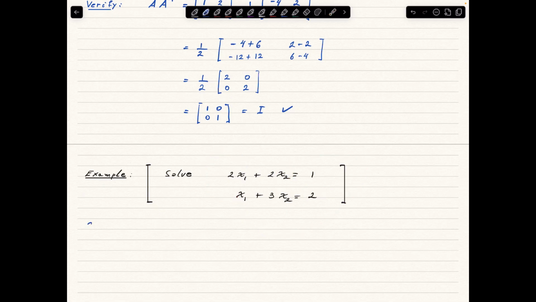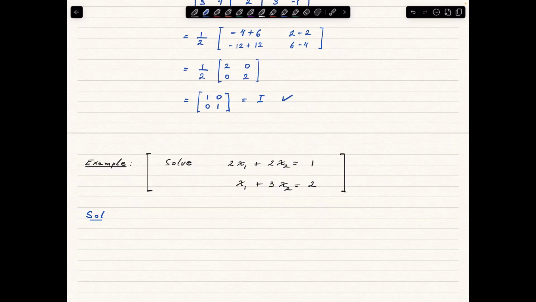Or, we can do something else. We can write the system in matrix form as 2, 2, 1, 3, that multiplies the vector variable x1, x2, and this is equal to the vector 1, 2 on the other side.